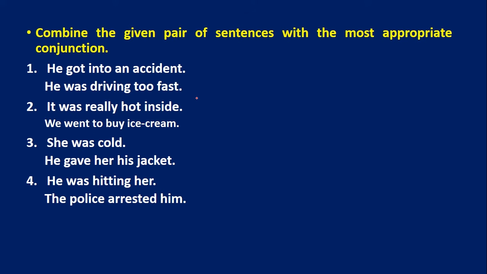You can use other things: due to the fact, well, so as to. I've given you examples at the beginning, so you can use them. For example, she was cold, he gave her his jacket. If we have to use because, we would say he gave her his jacket because she was cold. But I asked you guys, please don't use because.